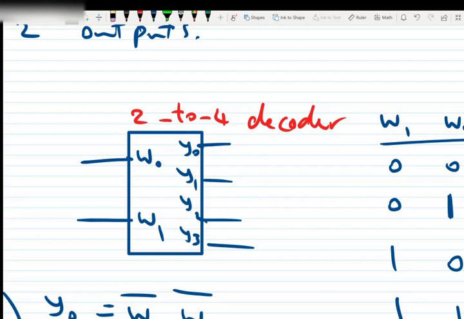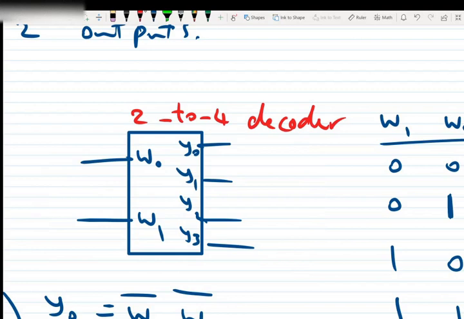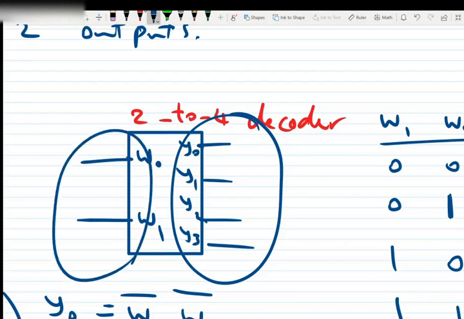This decoder is always active, so any inputs will determine the output. It's useful to include an enable input in a decoder. When the enable input is set to 1, the decoder sets the output based on the input.